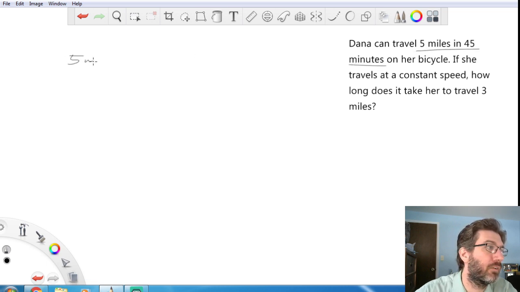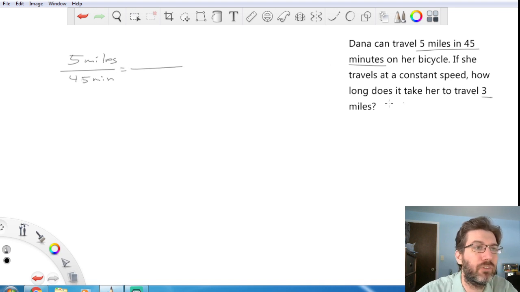So 5 miles per 45 minutes. That's going to be equal to, and we know this one here says 3 miles, so miles is on top, so we're going to stick miles here, and we do not know that value there.